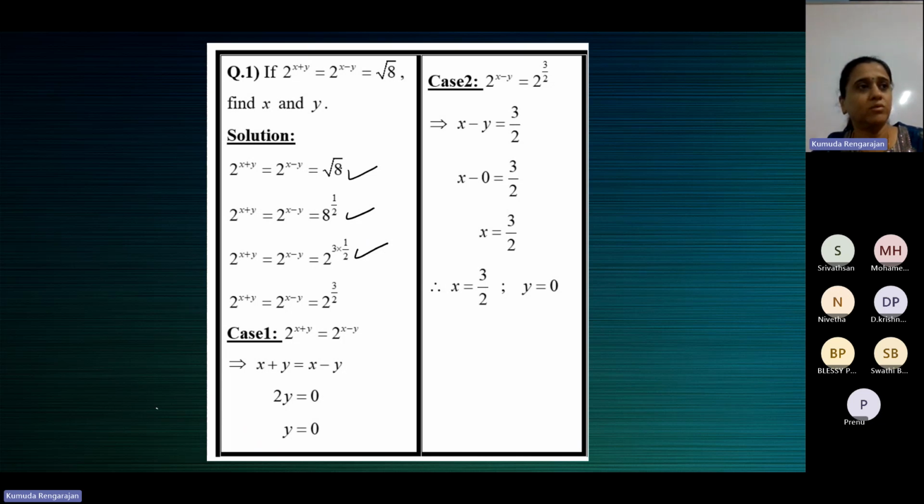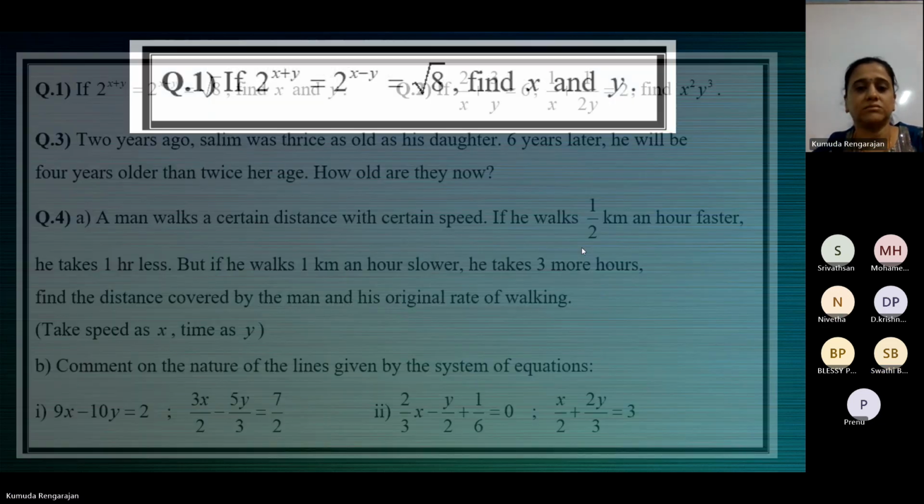Here I've removed the radical sign first. So root 8 is 8 to the power 1 by 2, and 8 is 2 cubed. What is 2 to the power 3 by 2? Online children, any questions? No, ma'am. Okay.